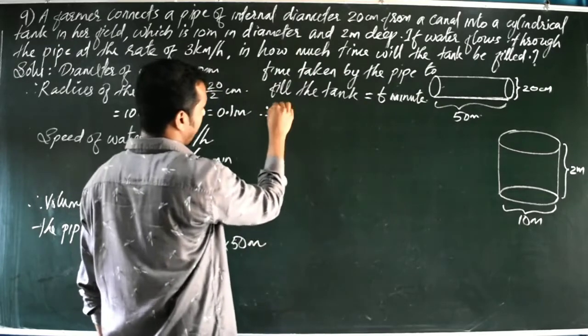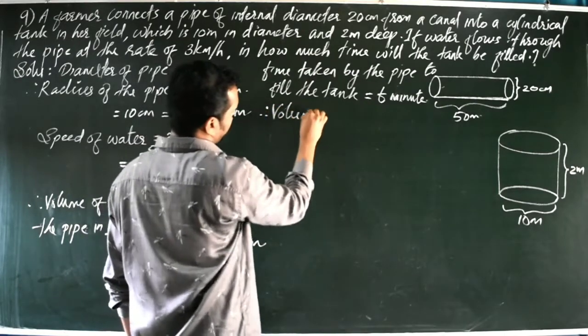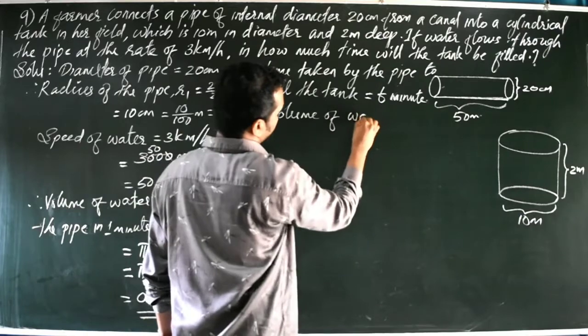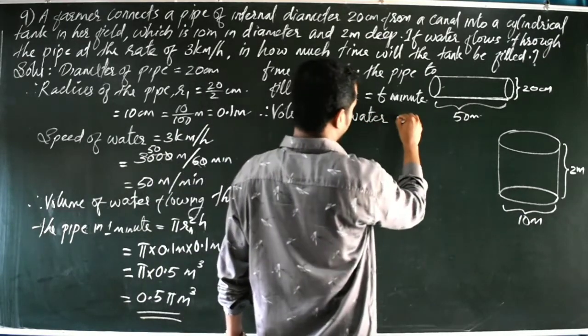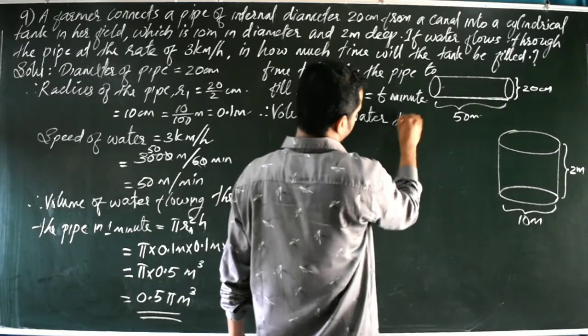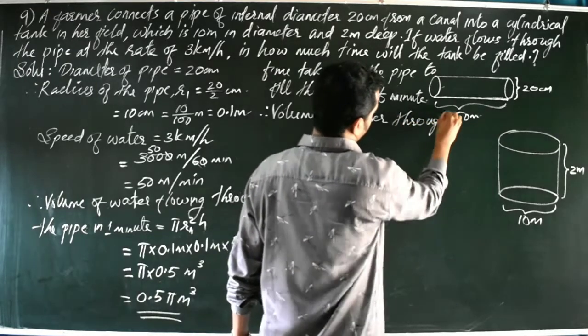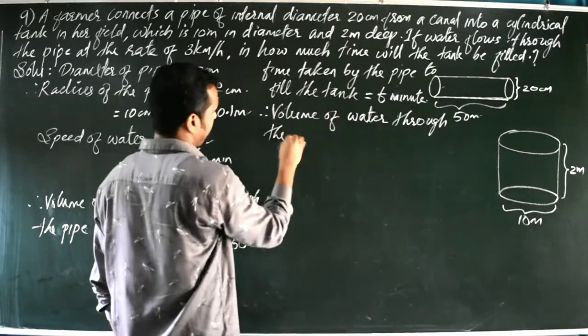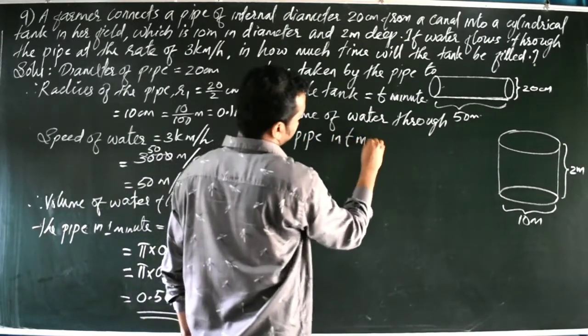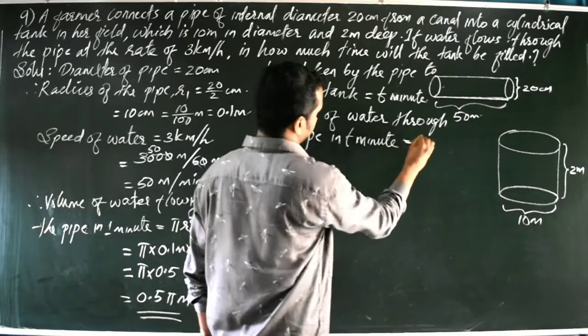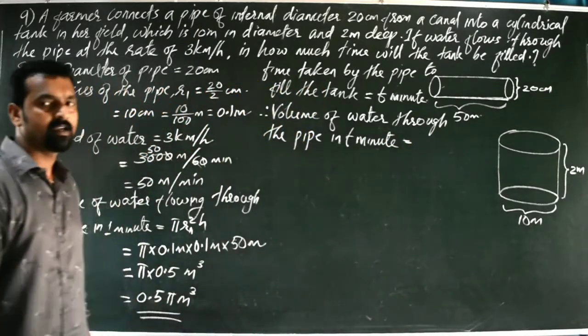Therefore, the volume of water flowing through the pipe in t minutes is equal to, how much will it come in t minutes?